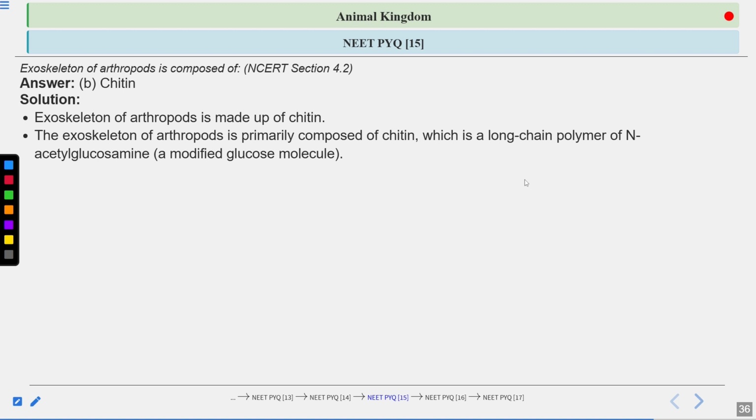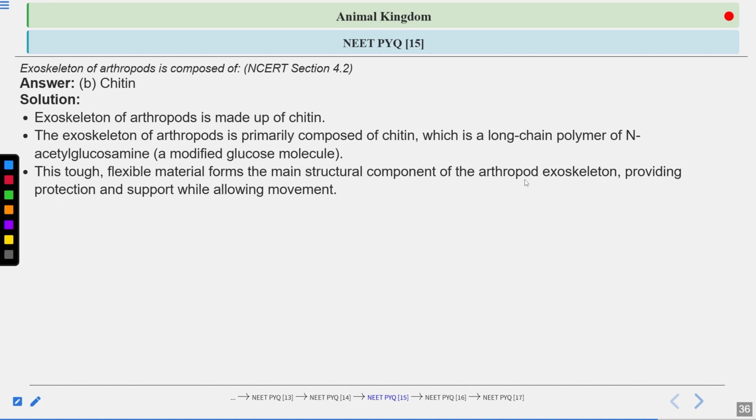This tough, flexible material forms the main structural component of the arthropod exoskeleton, providing protection and support while allowing movement.